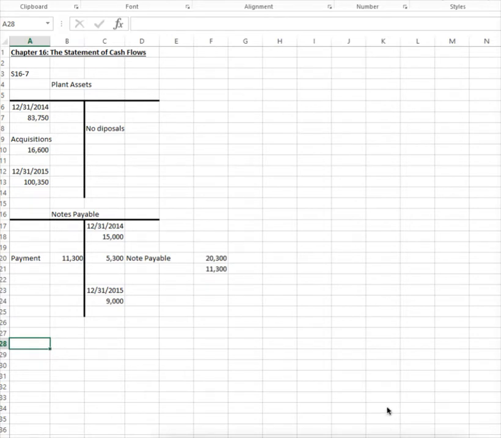So, using the information that I acquired by doing problem S16-7, I'm now going to move into problem S16-8, just a little bit further down the page, and it says, preparing the statement of cash flows using the indirect method.